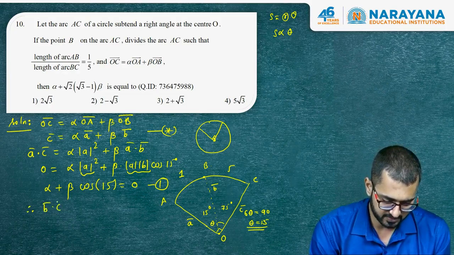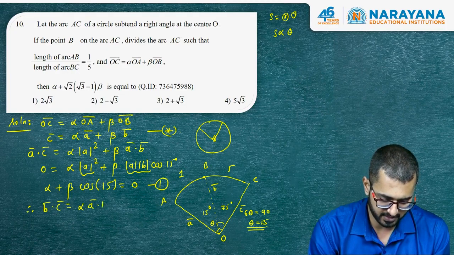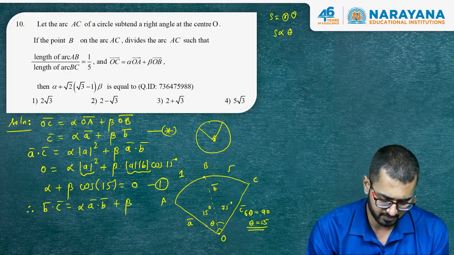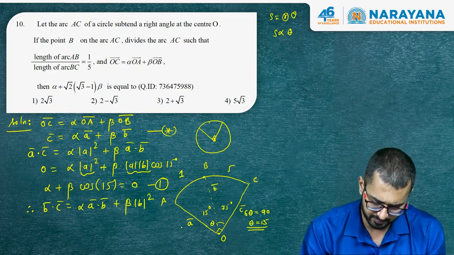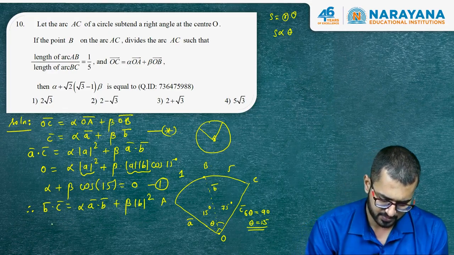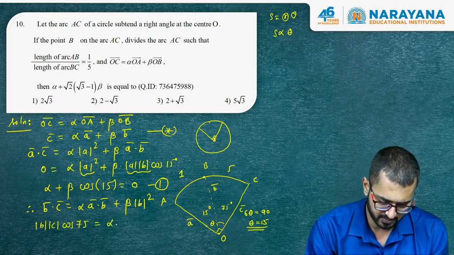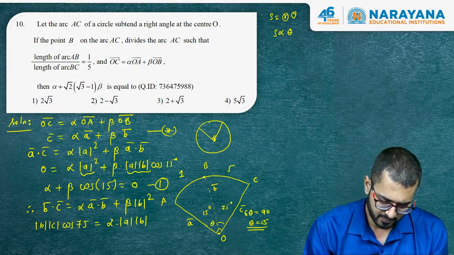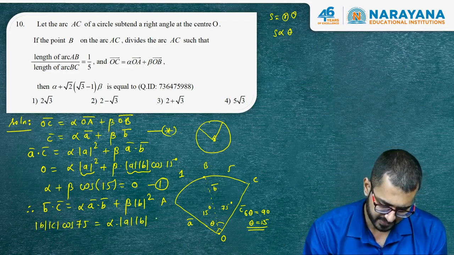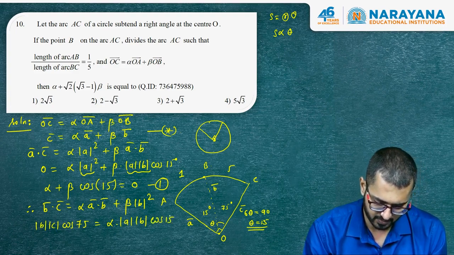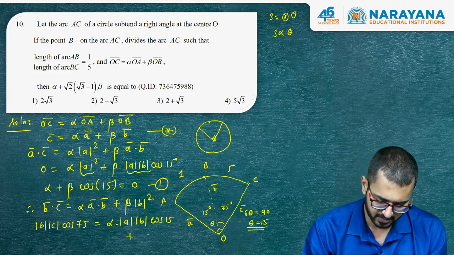So B bar dot C bar will become alpha A bar dot B bar plus beta mod B square. Like usual, B bar dot C bar, the angle between them is 75. So I'll have cos 75 equal to alpha into mod B, and the angle between A and B is again 15, so cos 15, plus beta into mod of B square.